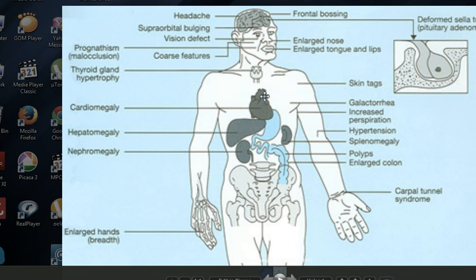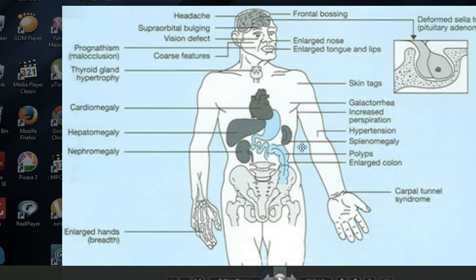Downwards, in the heart, causing cardiomyopathy and maybe symptoms and signs of heart failure. Enlargement of all the organs, heart, kidney, liver, and the intestine, causing intestinal polyps and maybe colorectal cancer, which is highly associated with acromegaly.